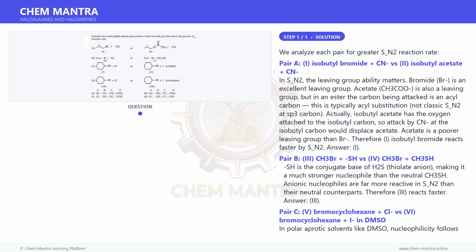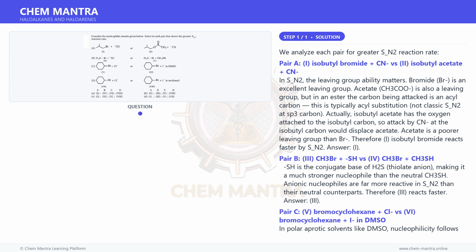Actually, for SN2 rate, kinetics, I- in DMSO is still faster. This is a known trick question. 5 is selected because Cl- displacing Br is thermodynamically more favorable. Cl- is a harder base, product more stable, but kinetically, 6 should be faster.